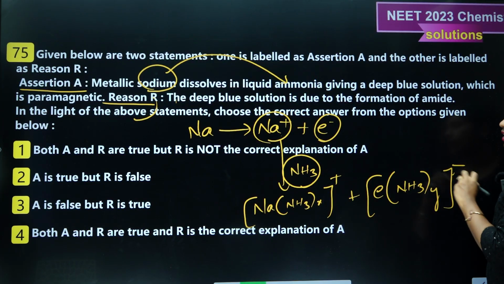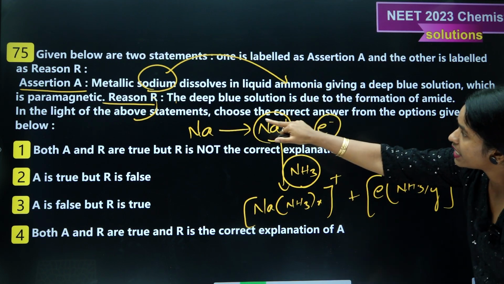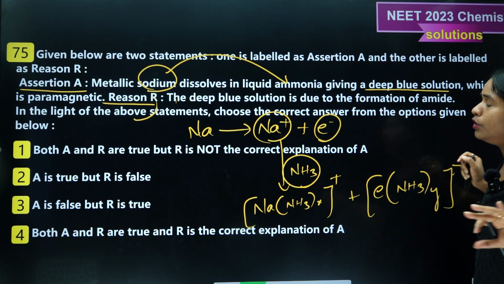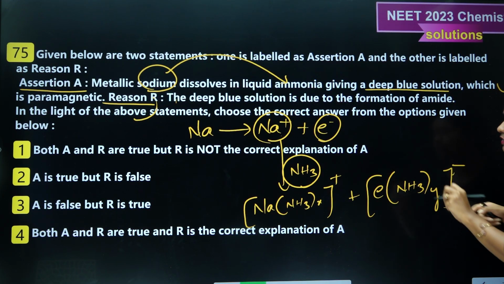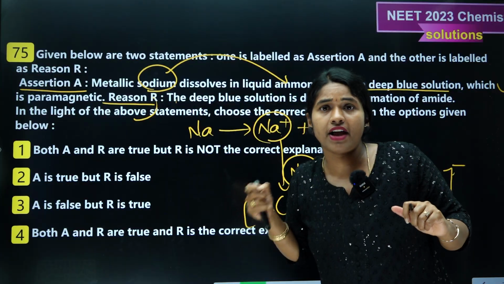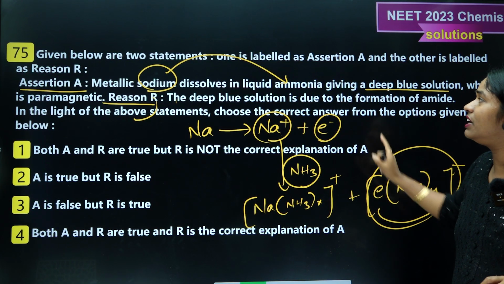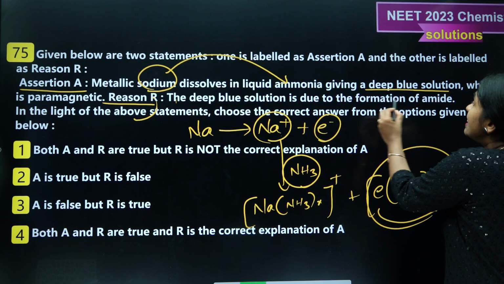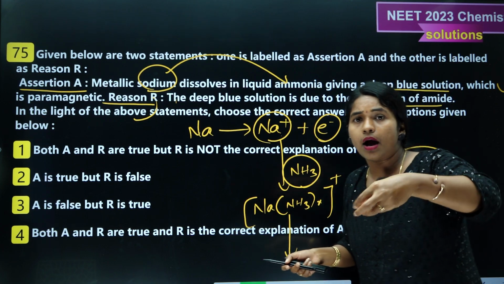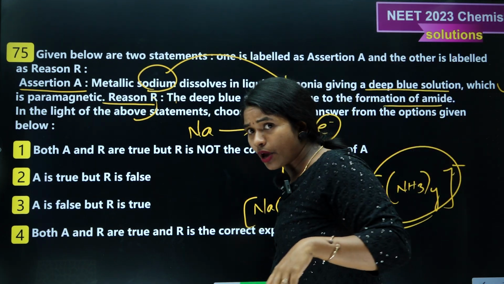Minus. So in the reaction I wrote, if you keep sodium in liquid ammonia, we get a deep blue colored solution. That is correct, because of the paramagnetic character. Yes, because of the presence of electrons. So this electron is responsible for the conductivity, but in the question they have given a different reason: after some time, upon long standing, it converts into amide.